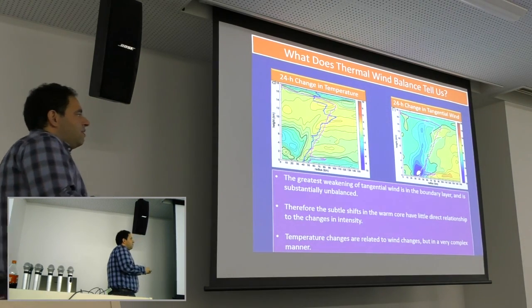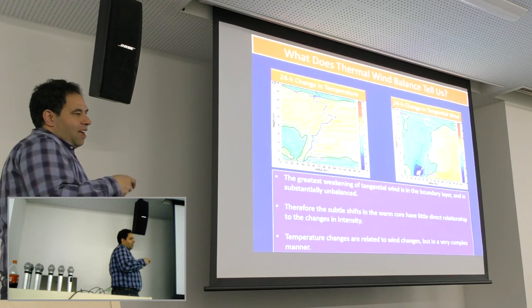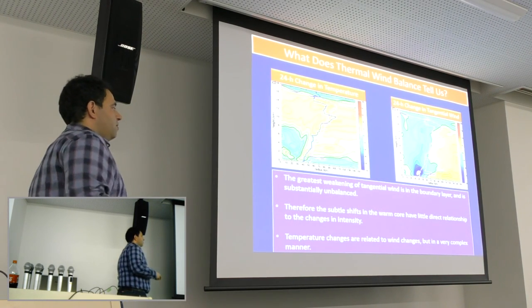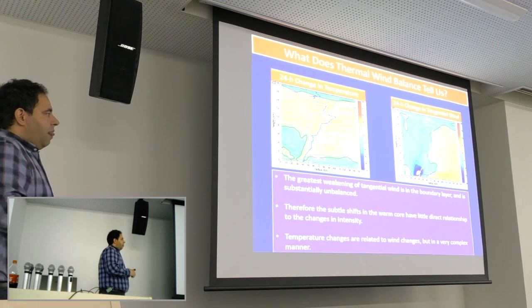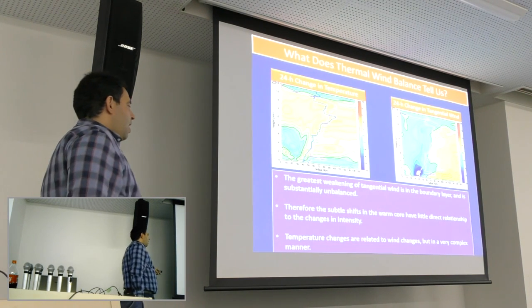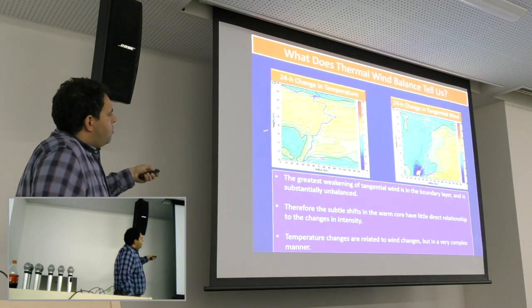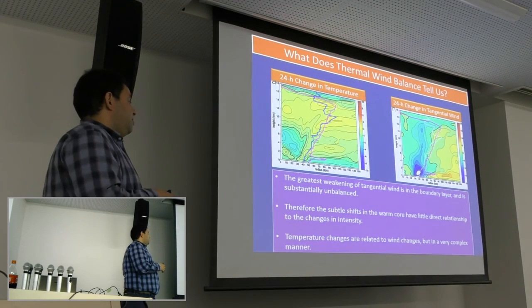But this boundary layer maximum is substantially unbalanced, and for the unbalanced component, the changes in the temperature field have very little direct relationship to the changes in the wind field. So that makes it even more complicated to try to interpret the changes in the warm core structure to try to relate them to the changes in the wind.